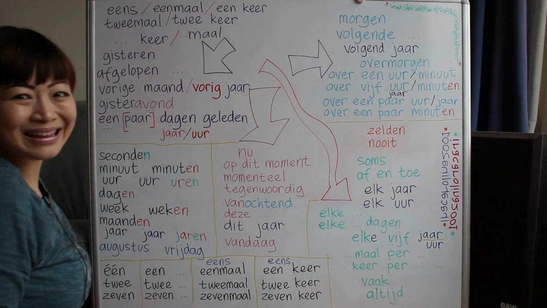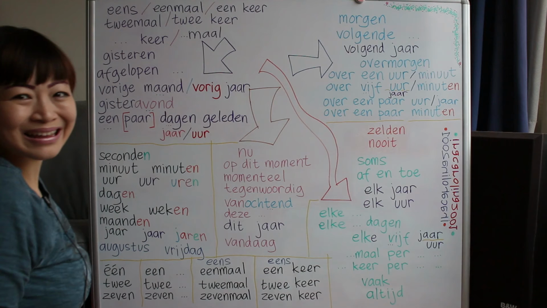Again, when we have to say once, it is eens, or one time. If you're sure it happens one time, een maal, or een keer. But you can also say it with eens. Eens is like at least one time or probably 1 or 2 times.